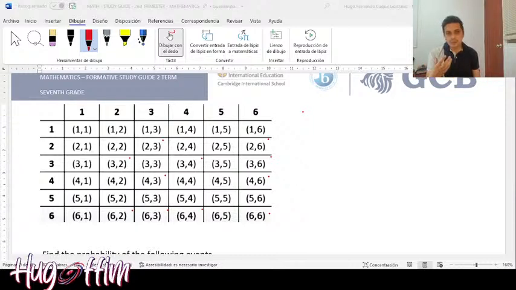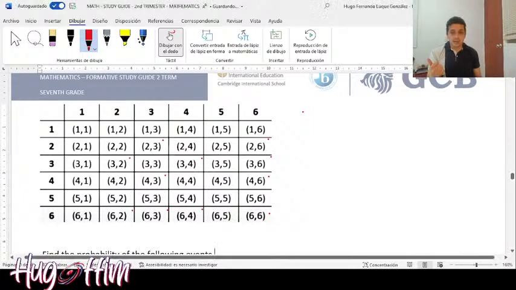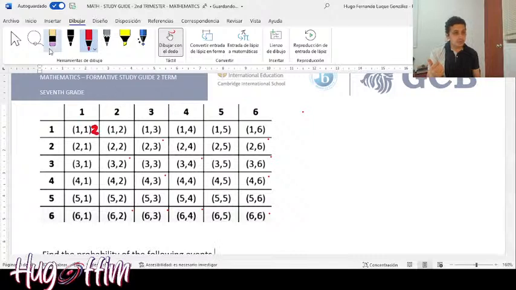So with red, I'm going to put inside the values that I got if I add them. So 1 plus 1 will be 2. 2 plus 1, 3, 4, 5, 6, 7.